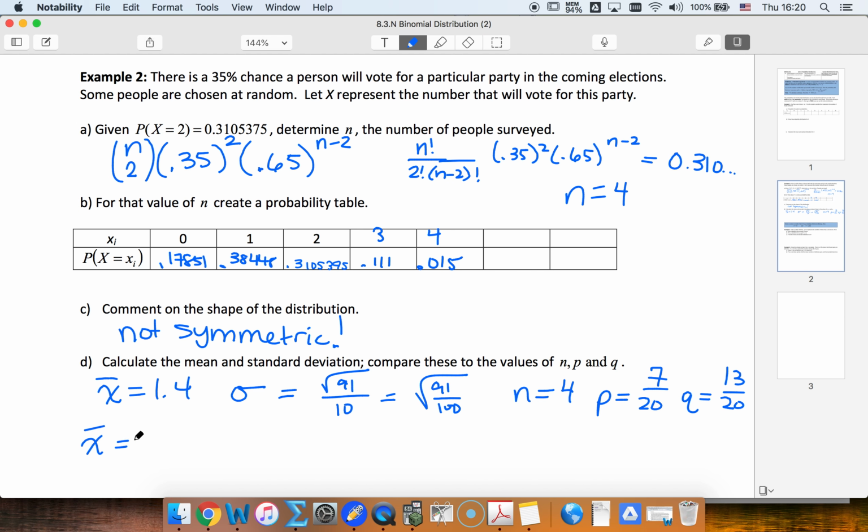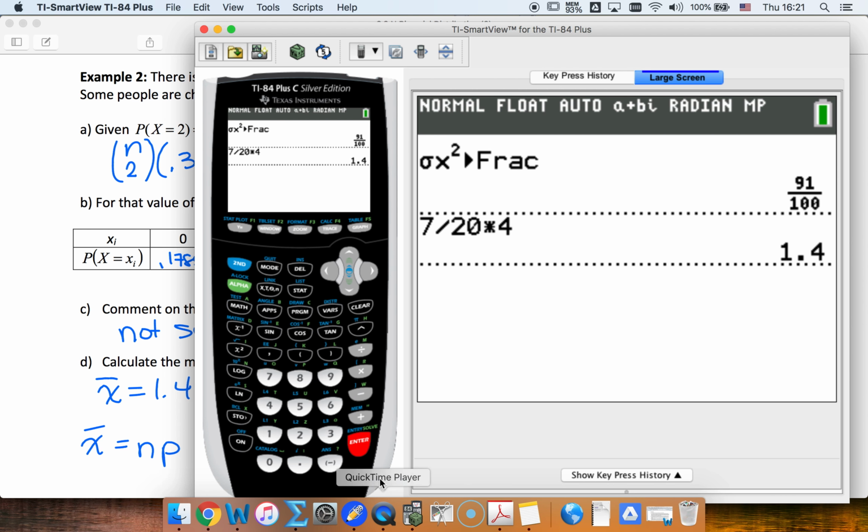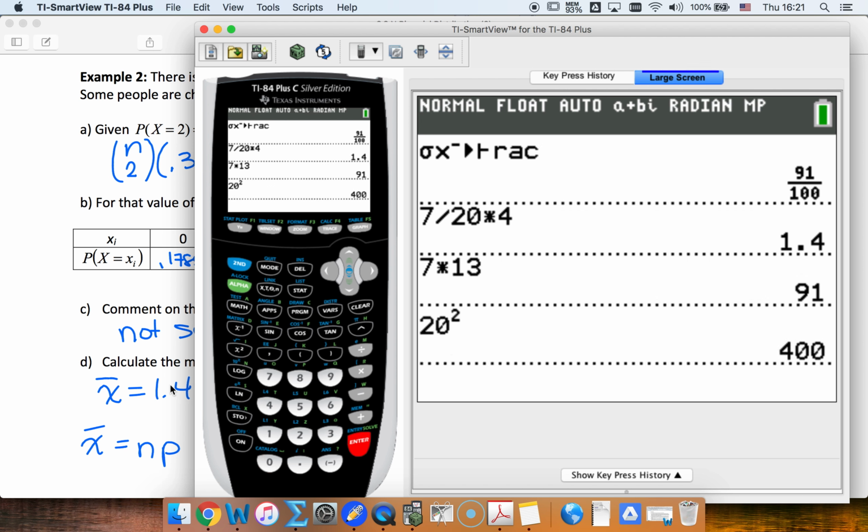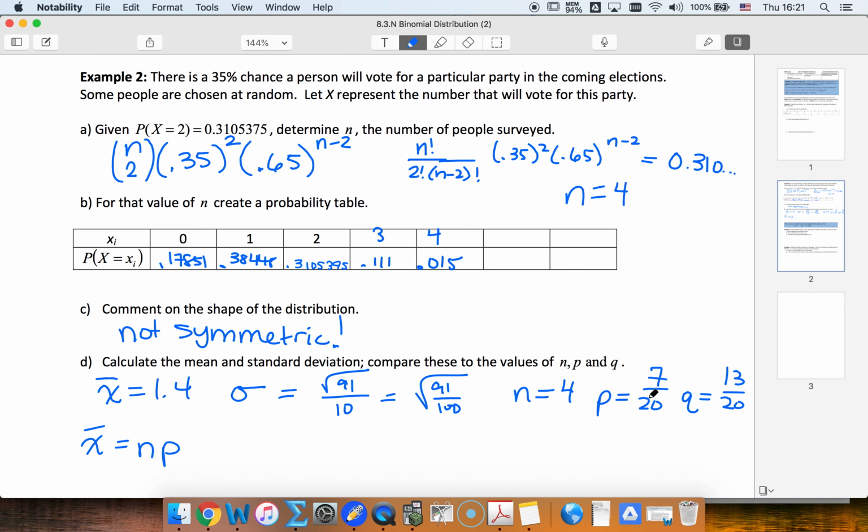So mean is NP. My standard deviation, 91 over 100. Well, let's see what happens when I multiply 7 times 13. I get 91. If I multiply my denominators, 20 squared is 400. But then if those were my denominators, they would cancel with the 4.